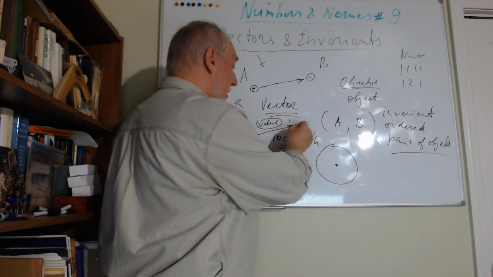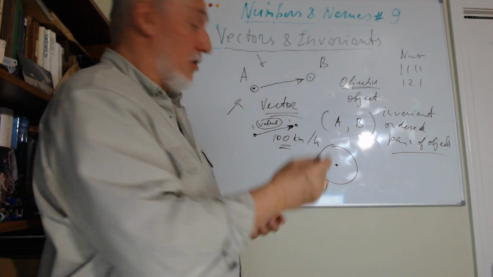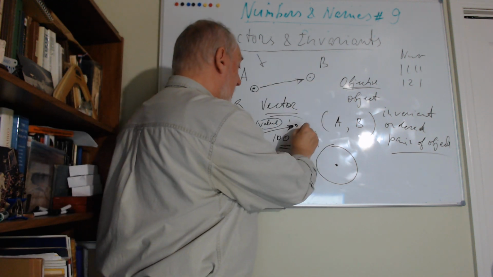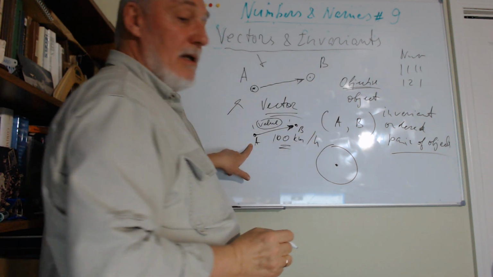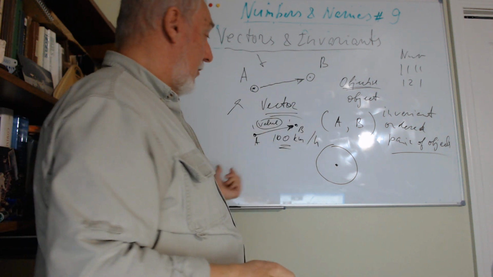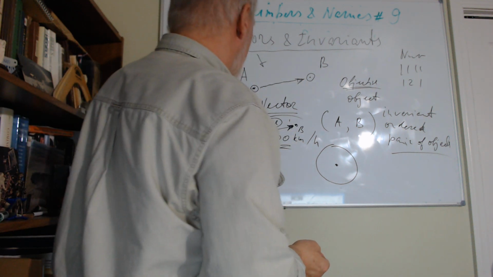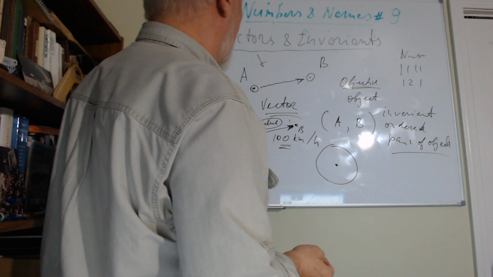And direction means that it's not only speed, but it has some orientation, from point A to point B, like from Boston to Toronto, but not back. And speed is 100 kilometers per hour.